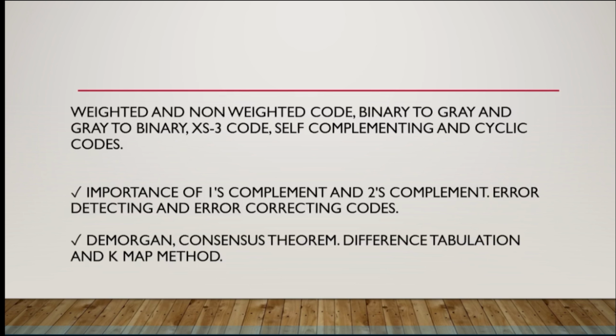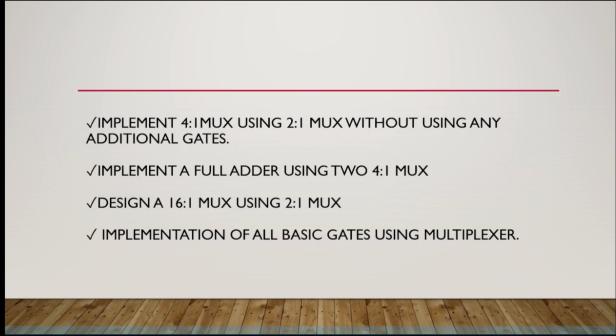And then after this, the most important concept is K-maps. In order to do the reduction of K-maps, you need to know De Morgan's theorem and the consensus theorem. First you need knowledge of what De Morgan's theorem and the consensus theorem are, and then the tabulation of K-maps, like how to reduce the code for the K-maps. You need to understand that. So this is the third important concept in digital electronics.